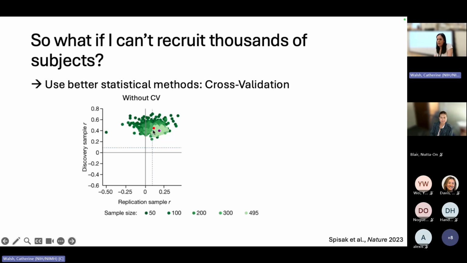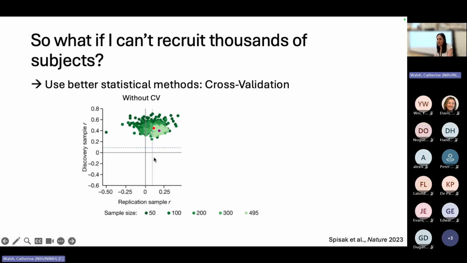So that means this whole cloud of dots, each of which here is a correlation between predicted and actual performance, is higher on the y-axis here in the discovery sample than it is further out in the replication sample on the x-axis. And this is suggesting that we are overfitting to our initial sample.